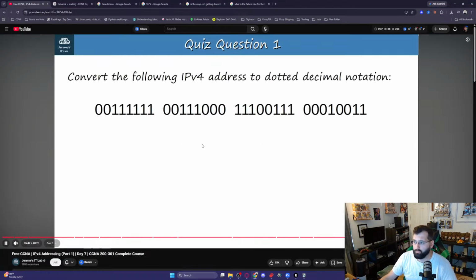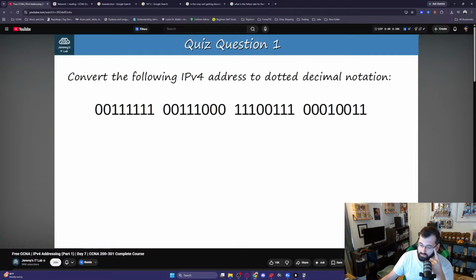Convert the following IPv4 address to dotted decimal notation. Okay, so this is so much easier when there's spaces in between them. So 1, 3, 3 plus 4 is 7. 7 plus 8 is 15. 15 plus 32 is 47.